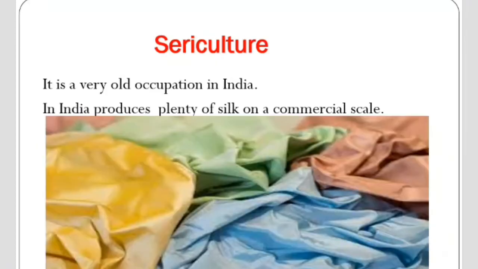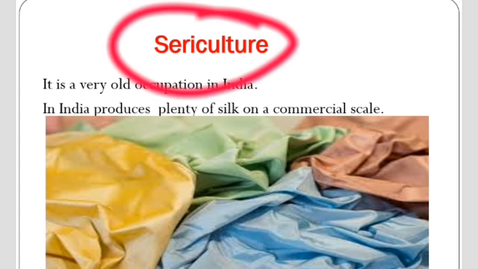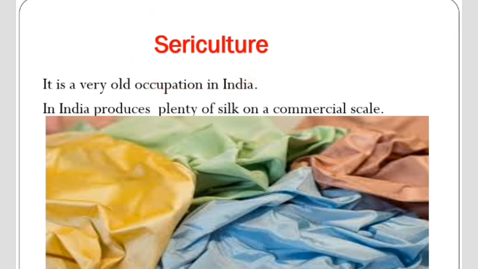Next, sericulture. First, what is sericulture? The rearing of silkworms for obtaining silk is called sericulture. It is a very old occupation in India. India produces plenty of silk on a commercial scale.